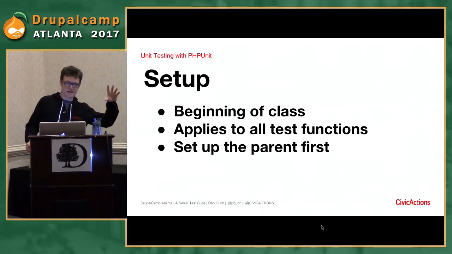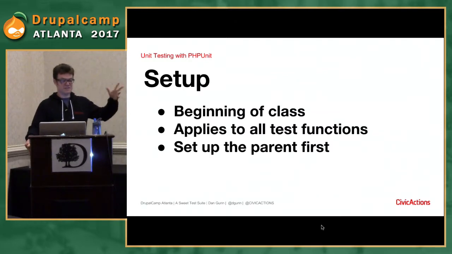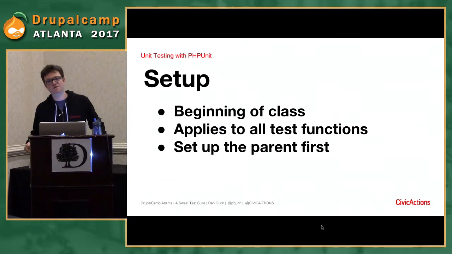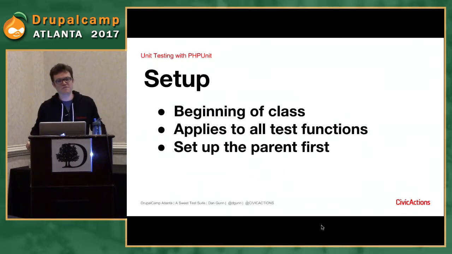Similar to like the background in Behat, it'll apply to all of the test functions that are in the rest of the class. And with the setup, you always set up the parent first, so that it'll inherit any of the setups from any of the ancestry for it.